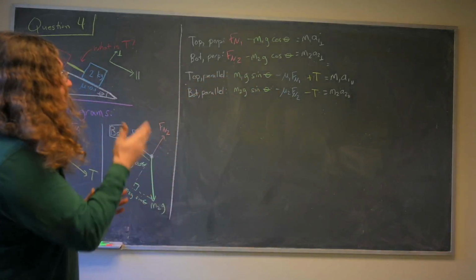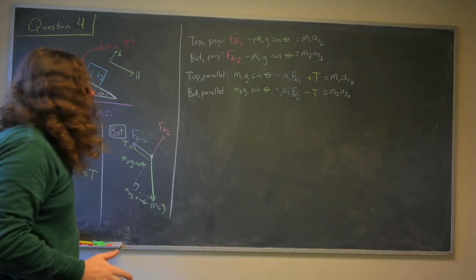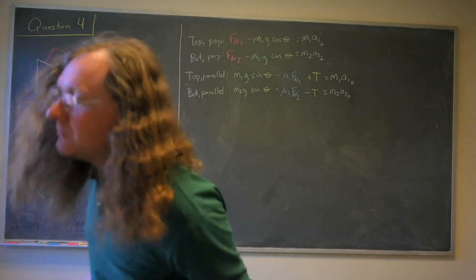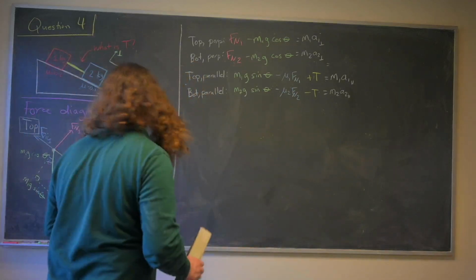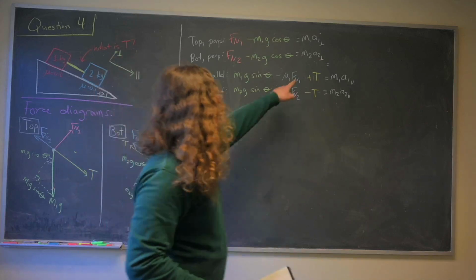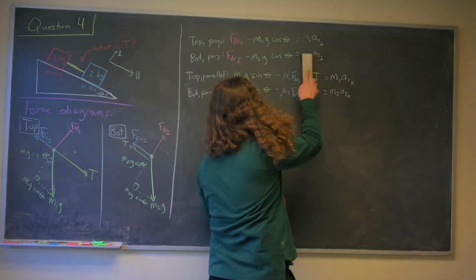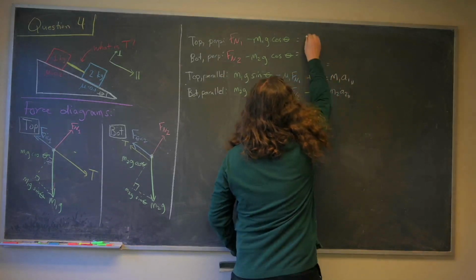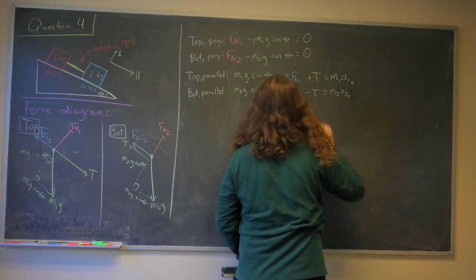All right. So now I'm going to do some things with my eraser. The first thing I observe is that the accelerations perpendicular to the slope are 0. That's real convenient.